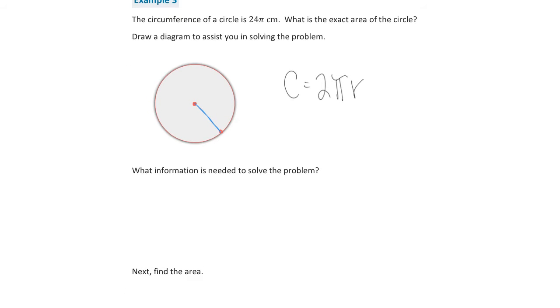Well, we need to know how to find our circumference. But first, we need to figure out the radius because the radius is needed to find the area of the circle. So let radius be r in centimeters.